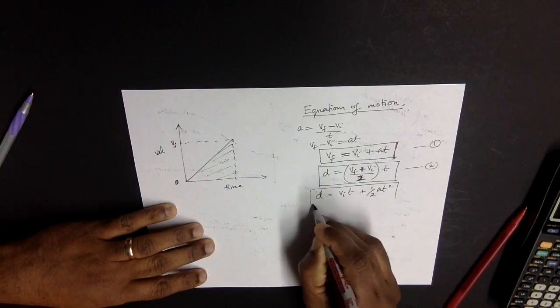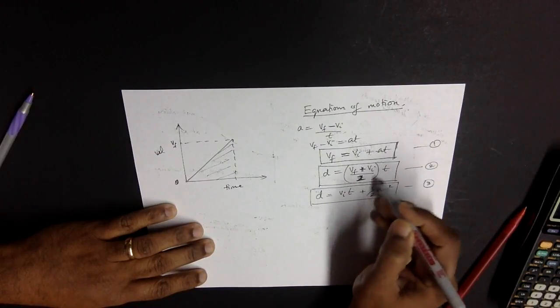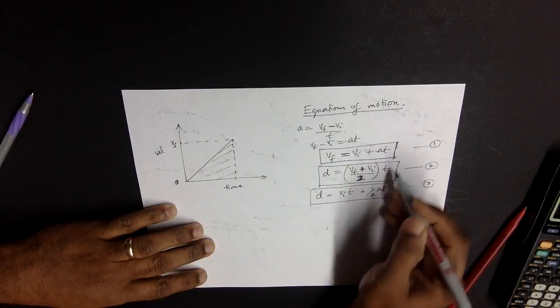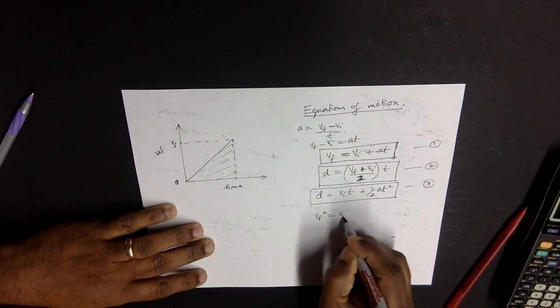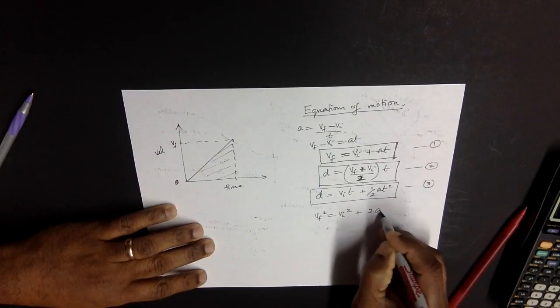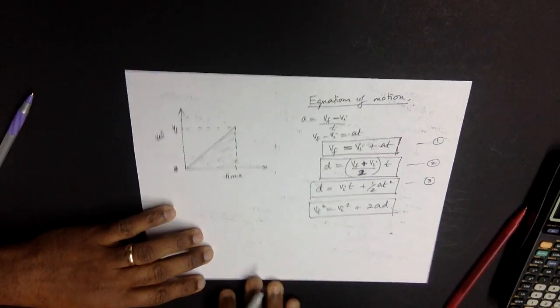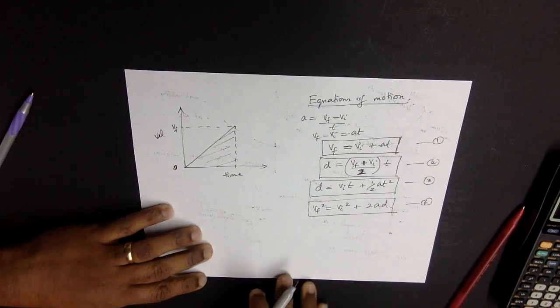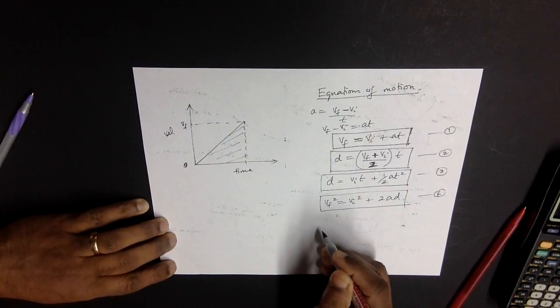This is another equation. And then again substituting for time from here into here, we end up getting Vf squared equals Vi squared plus 2AD. So those are equations of motion which will help you in solving problems.